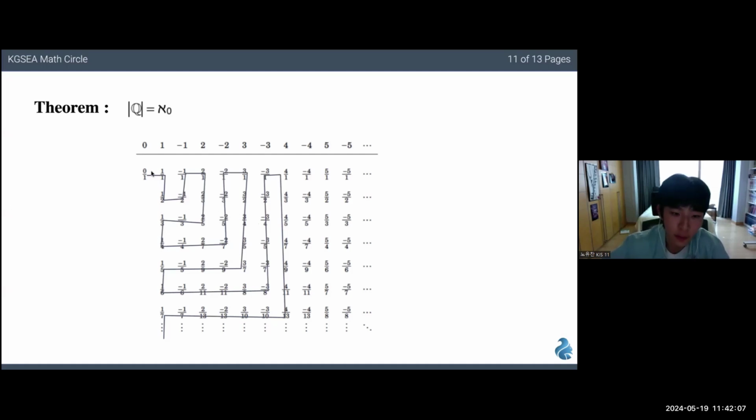We start from 0 over 1 and continue with a squiggly line through all of the numbers we see here, forming technically a square, but in a more complicated form. We go 0 over 1, 1 over 1, 1 over 2, -1 over 2, -1 over 1, and so forth. By doing this, we can set up a bijection and technically count the elements of the set of rational numbers. Therefore, we can say that the cardinality of the set of rational numbers is equal to ℵ0.